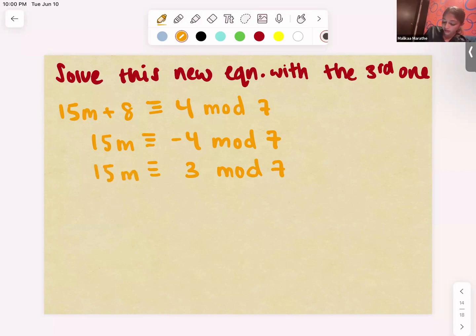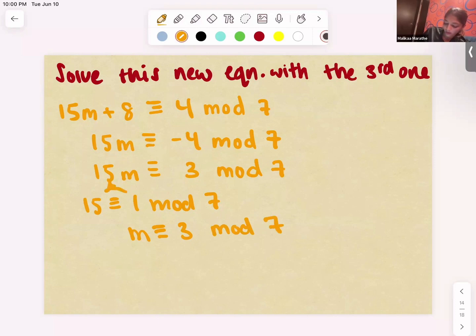And then since we know that 15 can be written as 1 mod 7, this is just m is congruent to 3 mod 7. Because we can just plug in this one here, and then we're just left with m. Okay? So m is congruent to 3 mod 7.